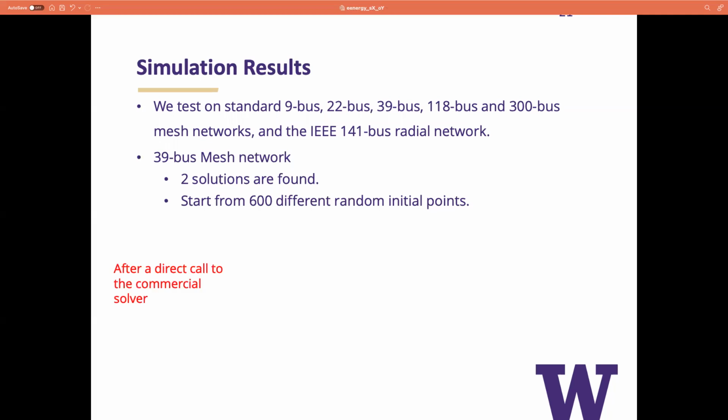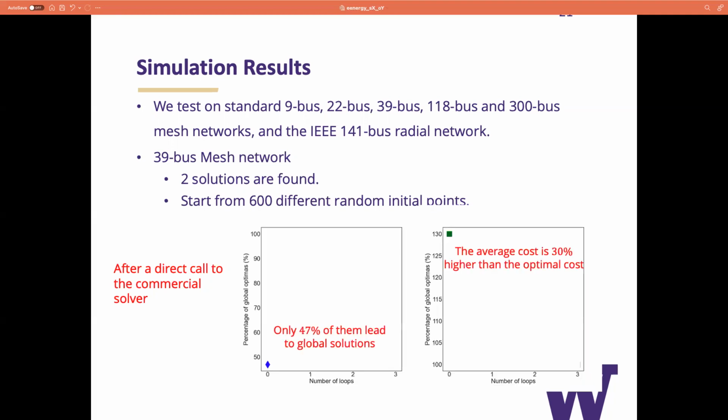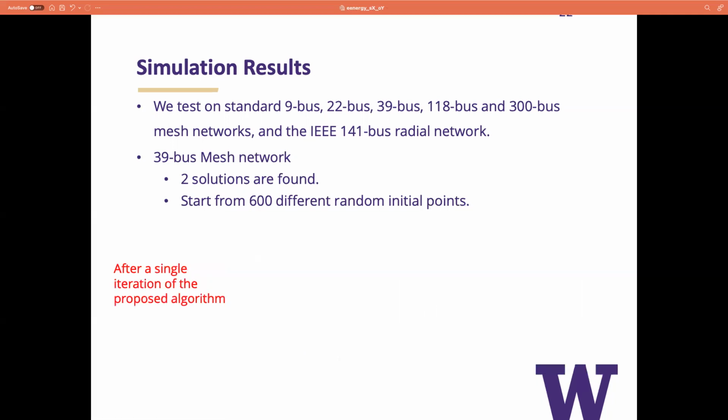After a direct call to the nonlinear programming solver, without performing our proposed algorithm, only 47% of all these 600 initial points lead to the global solution. And the average cost is 30% higher than the optimal cost.